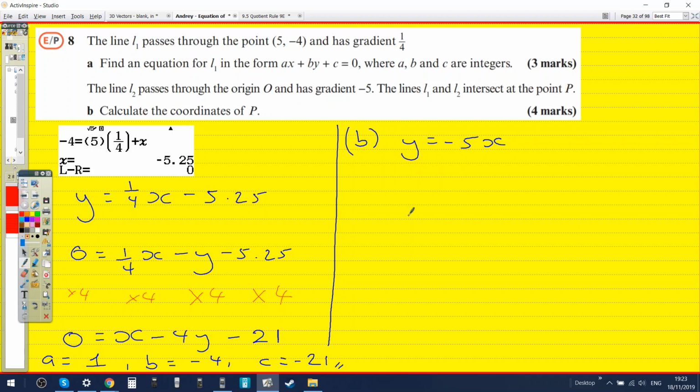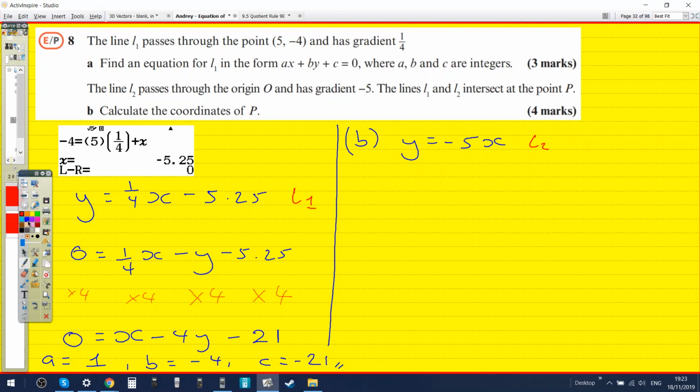Do I need to times x by 0, make x 0 or something? No. You just have to find where they intersect. This is L2, line 2. And then this one that we were dealing with was line 1.